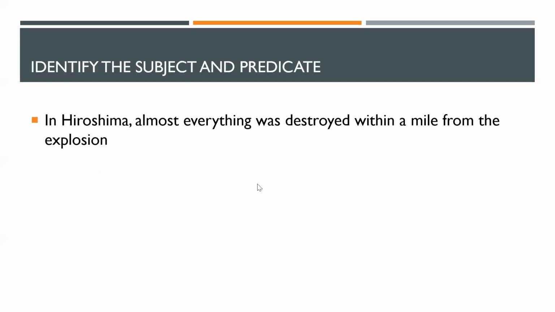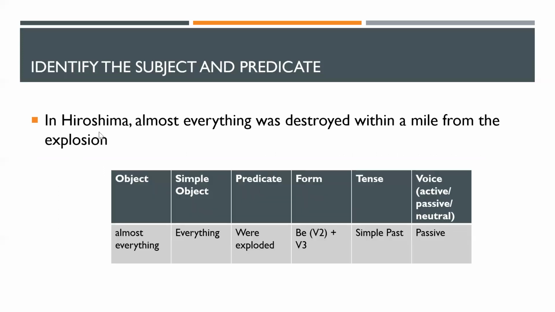The next sentence is: in Hiroshima, almost everything was destroyed within a mile from the explosion. So we have the additional information about the place. You have almost everything as the subject, okay, because we have almost and everything, so the simple subject will be the last word, that is everything.